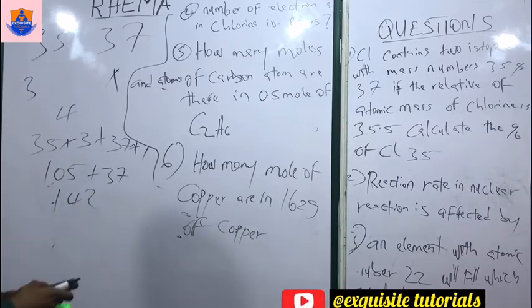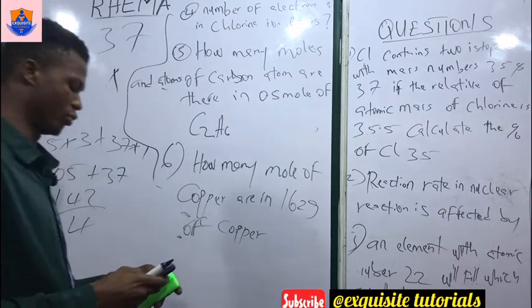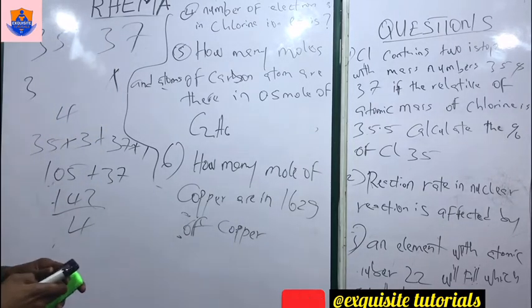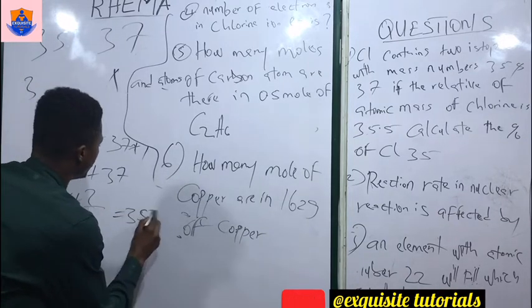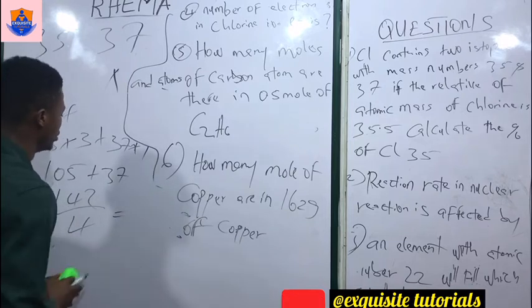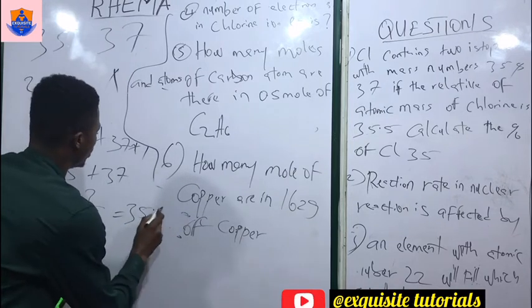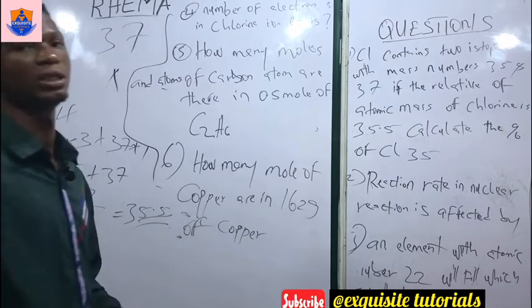Now when you divide 142 by 4, what is it going to give you? 142 divided by 4 is going to give you 35.5, which tells you that the relative atomic mass of chlorine is 35.5.